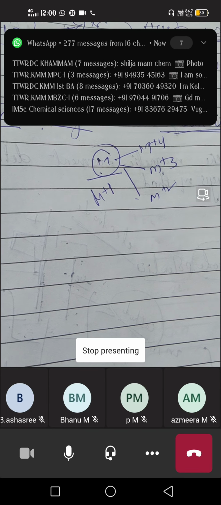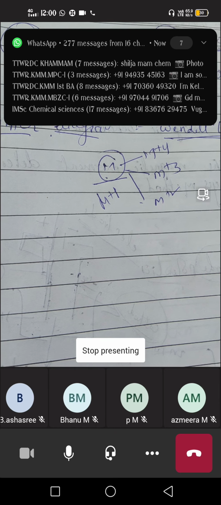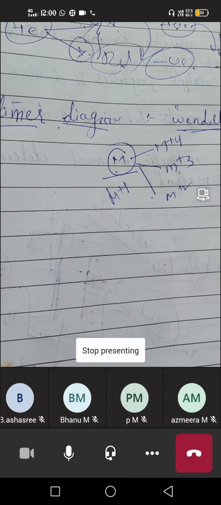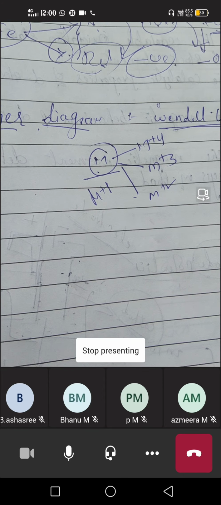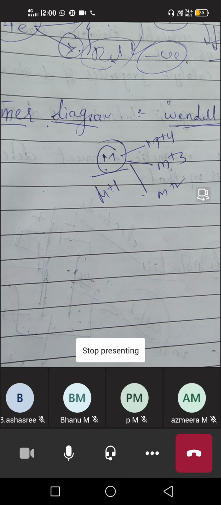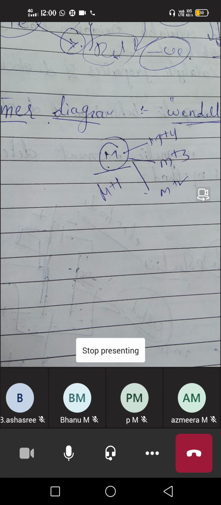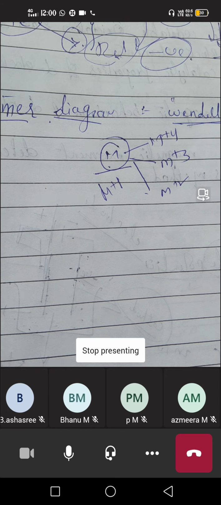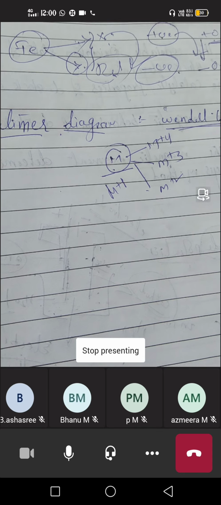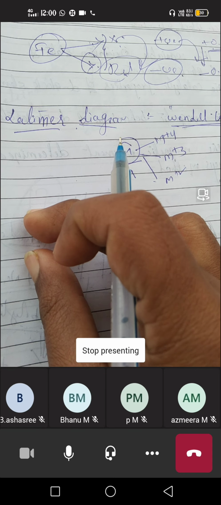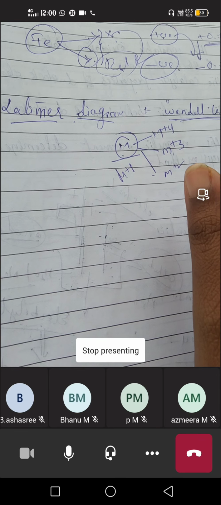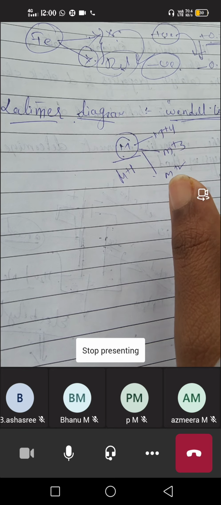For this Latimer diagram, we have to write the variable oxidation states of the same metal in order, from left to right. At the left side we write the highest oxidation state species, followed by the next lower one, and lastly the zero oxidation state, that is the simple metal.